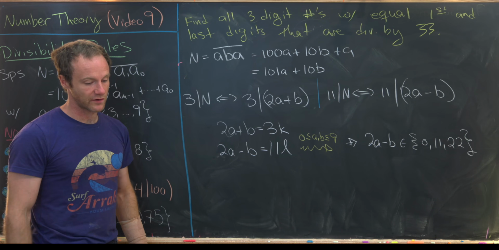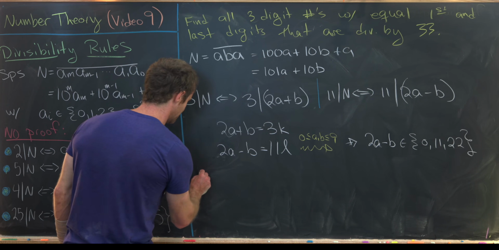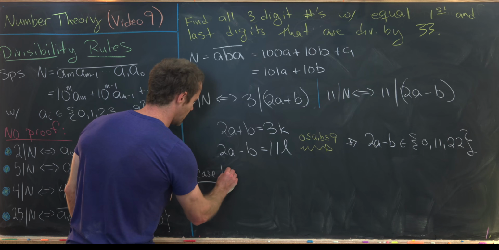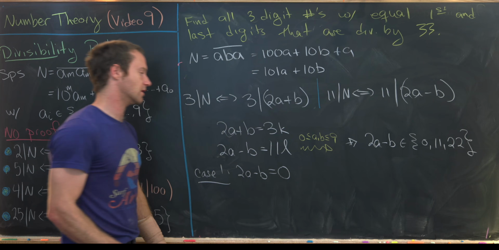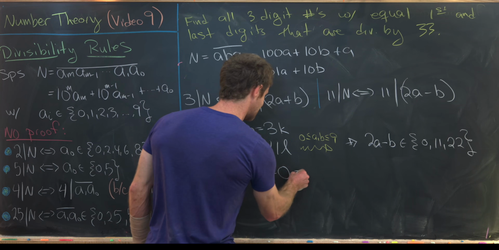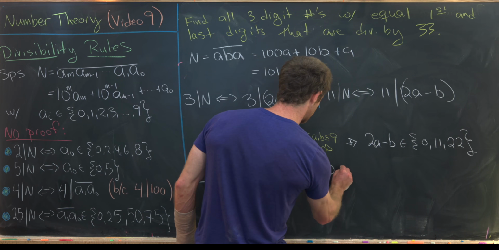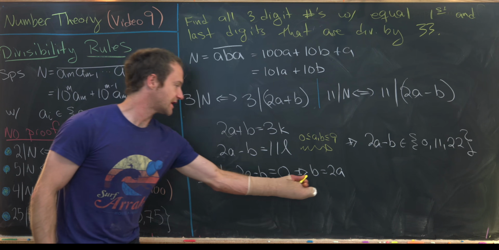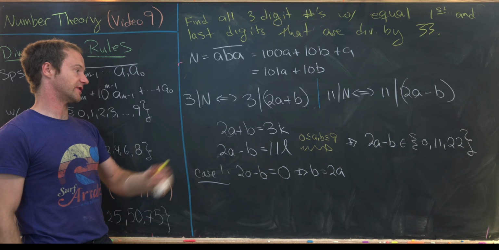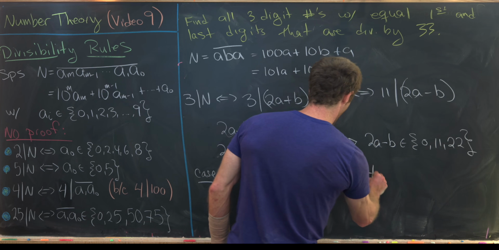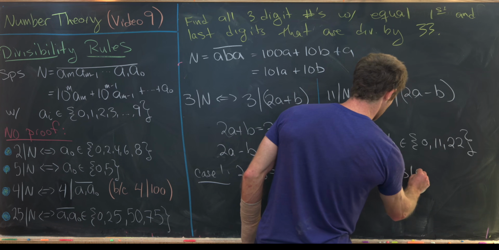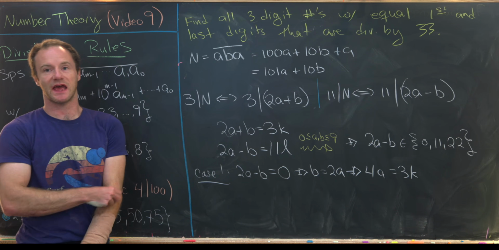So now we're just going to run through these one case at a time. So case number 1 is that 2a minus b equals 0. Okay, but that tells us that b is equal to 2a. Now we can plug that into our other equation. So that tells us that we have 4 times a is equal to 3 times k.